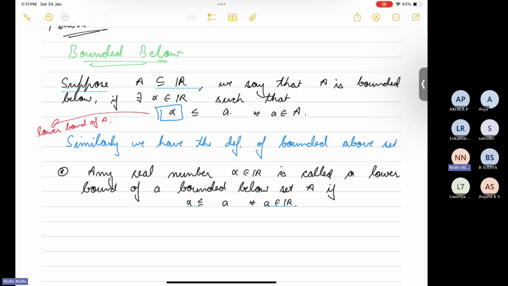We'll be using these terms very frequently, so I wanted you all to be very familiar with them: when do we say a set is bounded below, and what is a lower bound?